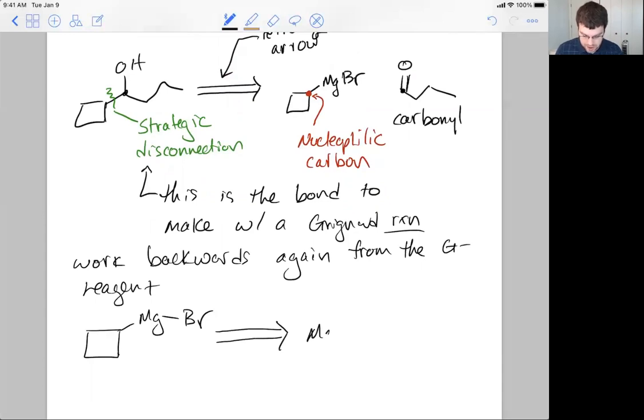I would take Mg0 and react it with some haloalkane to give rise to the Grignard reagent shown on the left. The haloalkane is simply the square, or the cyclobutane, with a bromine attached to it, because to make a Grignard reagent, we just take magnesium 0 and plop it between the carbon and the bromine atom. Now at this point, we've reached two good starting materials.